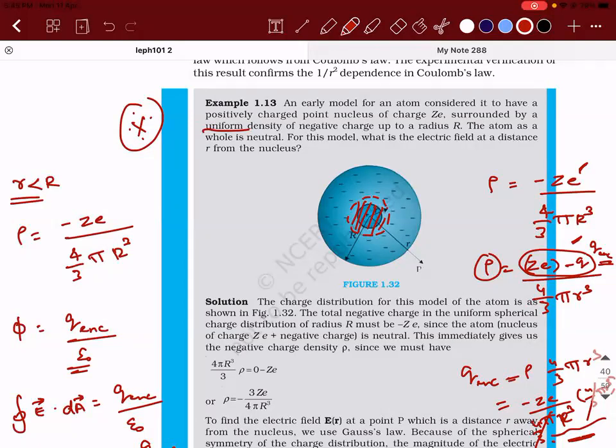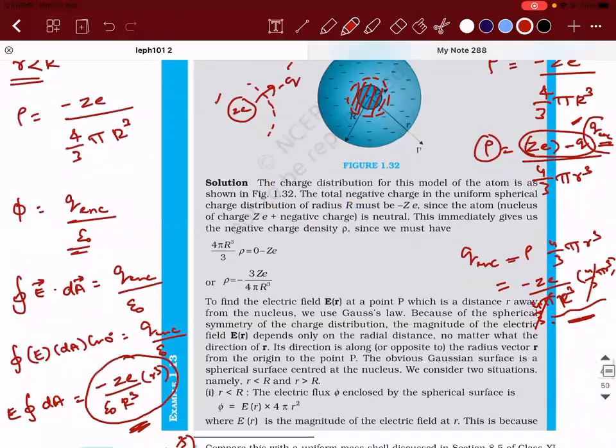ZD minus Q means, see, the nucleus is there, it has a charge of ZD. And this portion has a small amount of negative charge. So this one and this one, if you follow the additive nature of charges, is it not ZD minus Q? So that ZD minus Q is what I called the total charge enclosed. So that's how we wrote that.